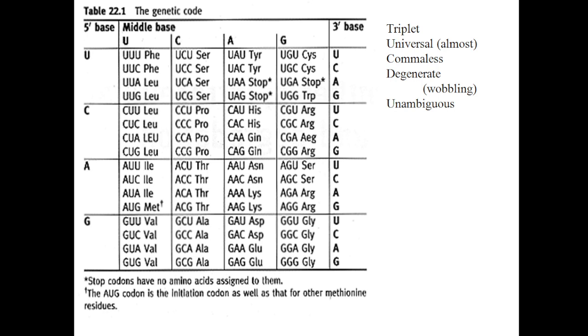It describes so-called wobbling. The number of tRNAs corresponding to amino acids is somewhat more, maybe up to 22, 23 different variants of tRNAs.